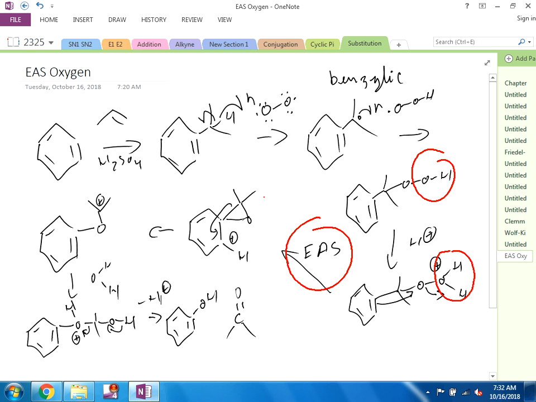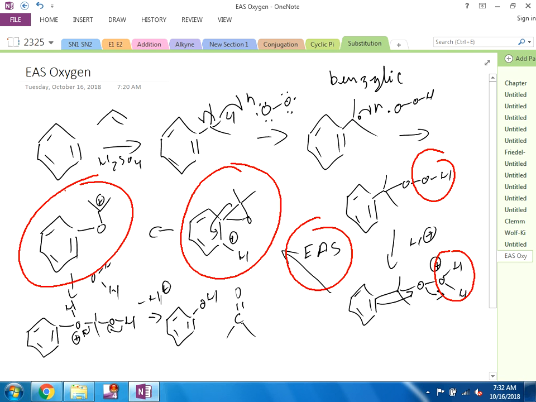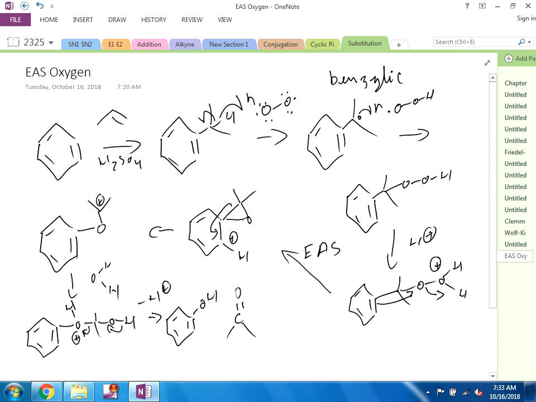Okay, here's the addition step. And lo and behold, the intermediate from that rearrangement is actually an epoxide. And then that's the addition, and then the elimination is to reform the benzene ring, and you make that cation right there. Now with that cation, if you join it with water, you make something called a hemiketal.